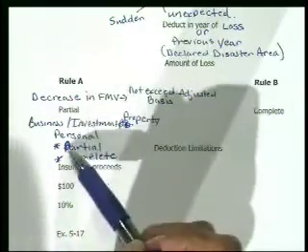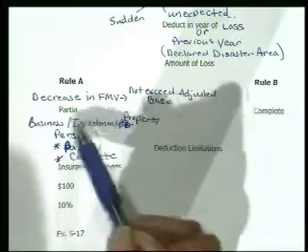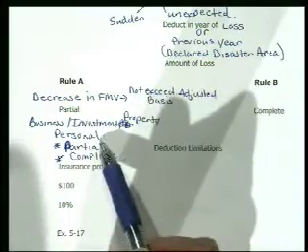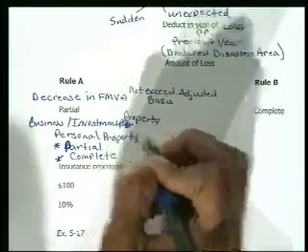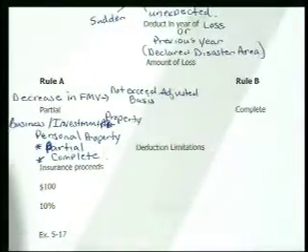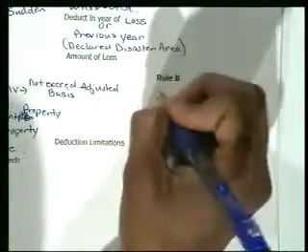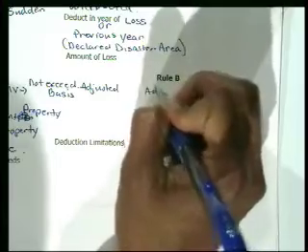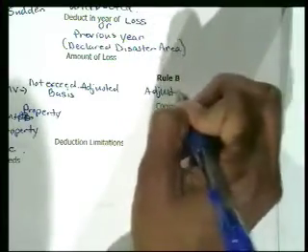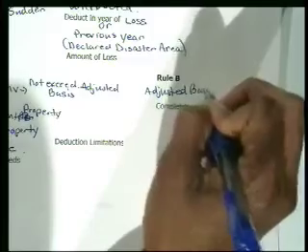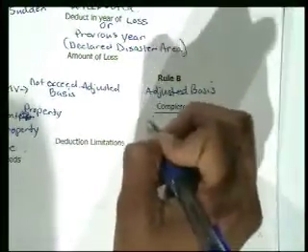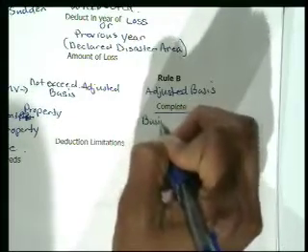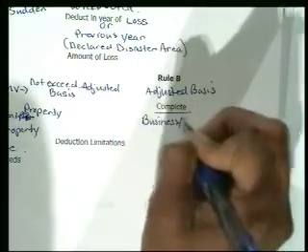So we use Rule A for business and investment properties for partial losses. And then for personal property, we're going to use Rule A for partial and complete losses. Then we have Rule B. Under Rule B, the deduction is going to be the adjusted basis. And that applies to when we have a complete loss of business or investment property.